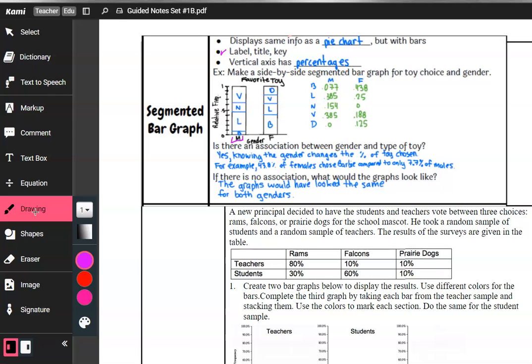Then you would just stack these on top of each other until they add up to 100%. So from here to here is 100%, or if you're using relative frequency with decimals, instead of 100%, it is one whole, from 0 to 1. Okay, you can't get past 1. And then there's the same thing for females and their percentages from these right here.